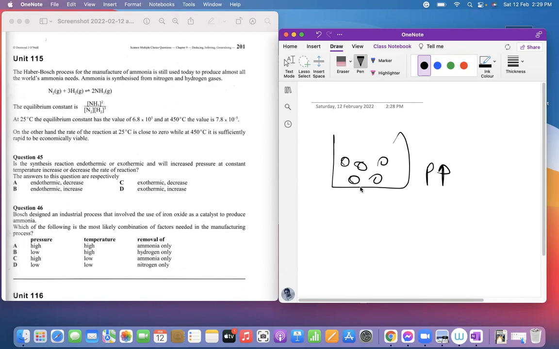If you increase the pressure, it means the collision will be high between them. They will collide. The number of collisions increases, and if the number of collisions increases, then we can say the rate of reaction will increase.